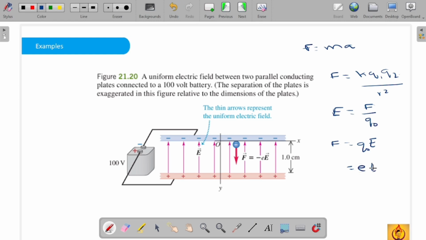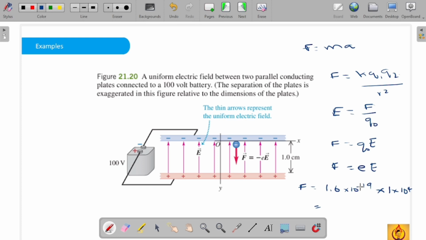This is the formula we are going to use to find the force. So the force will be the charge of an electron, 1.6 by 10 to the negative 19, multiplied by the electric field of 1 by 10 to the 4.